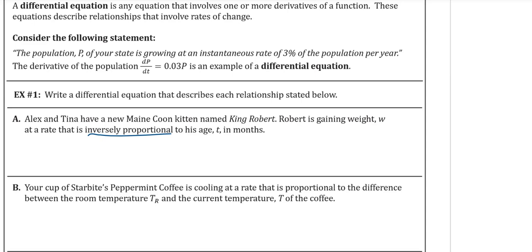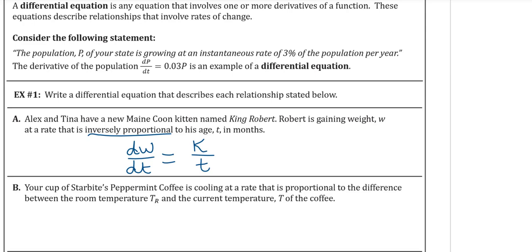So our differential equation is going to be the change in his weight over time, dW/dt, is inversely proportional. So we have a constant of proportionality, and since it's inversely proportional, it's going to be over t. So that's going to be our differential equation.